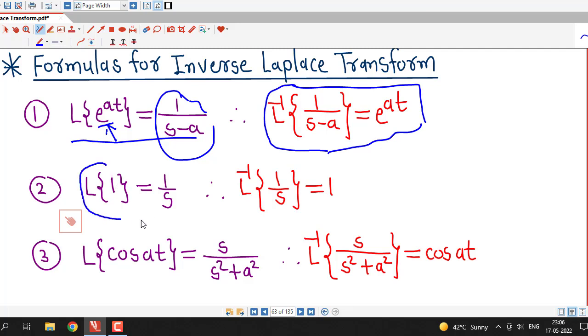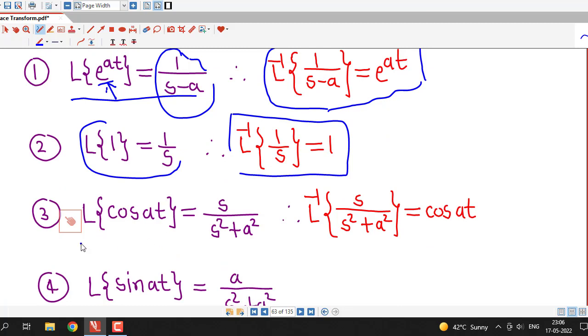Similarly, the Laplace transform of 1 is 1 by s. Therefore L inverse of 1 by s is 1. The Laplace transform of cos at is s divided by s square plus a square. Therefore the inverse Laplace transform of this function s divided by s square plus a square will be cos at.